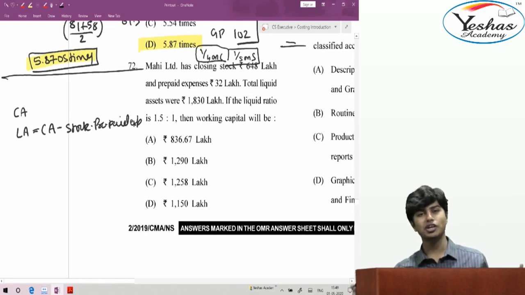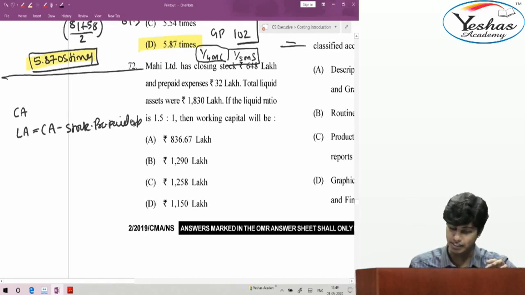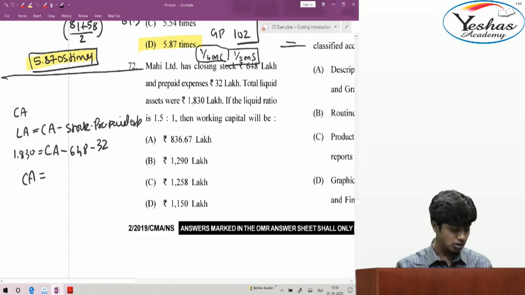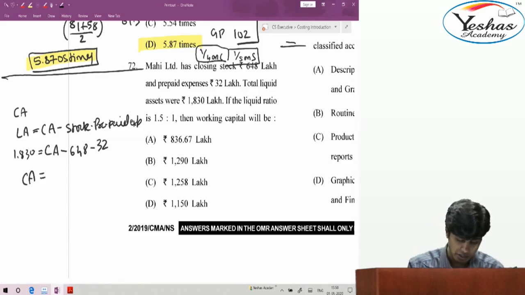So basically they've given it all here. They've told liquid assets is 1830 lakh. We have to find how much is current assets. My liquid assets is equal to current assets minus stock. They have told stock is 648 and prepaid expense is 32. So I can easily find my current assets, that is 1830 plus 648 plus 32. That gives me current assets of 2510.